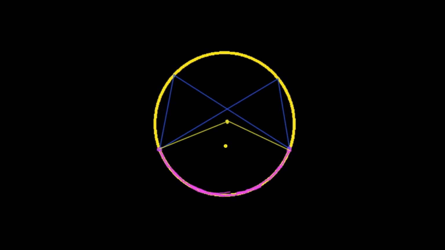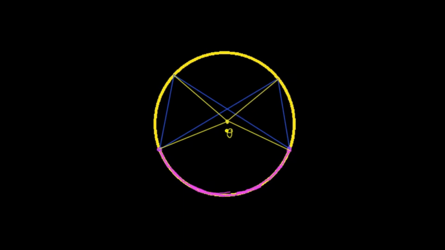So what should I do? Let me call this angle theta. So this angle here is angle theta. Similar to circle theorem number 1, I'm going to draw a line from here to this point here, and then another line from here to this point here.